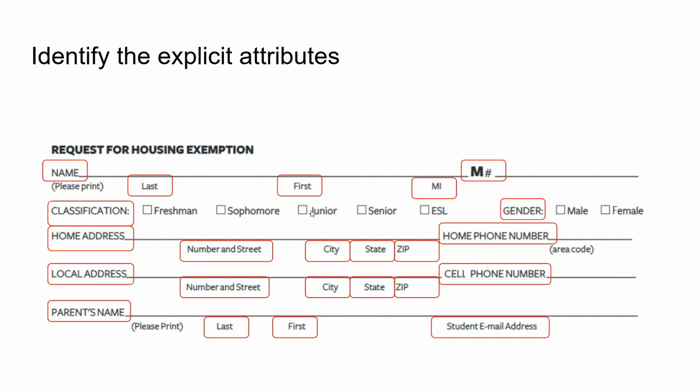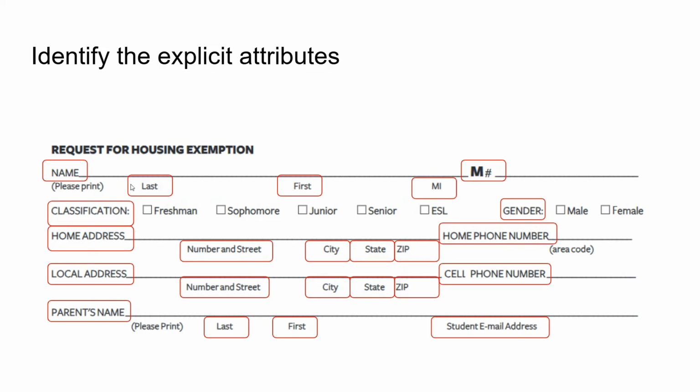So you got to be careful, because the user will check one of them, and so that value for classification will then become sophomore if the student is a sophomore, or if the student is an ESL student, she will check ESL, so that becomes a classification. Same with gender. So gender is an attribute, and male and female, these are values. So one of these two values will be checked, and those values will not become attributes, but gender becomes an attribute.